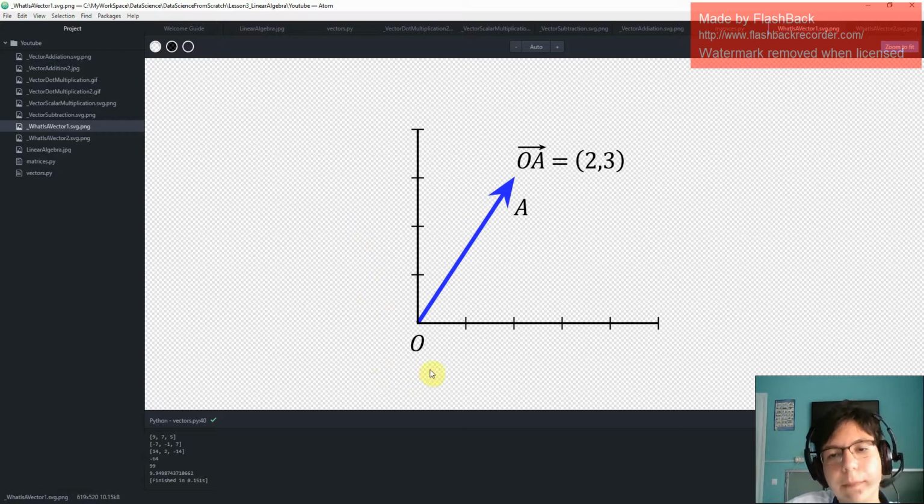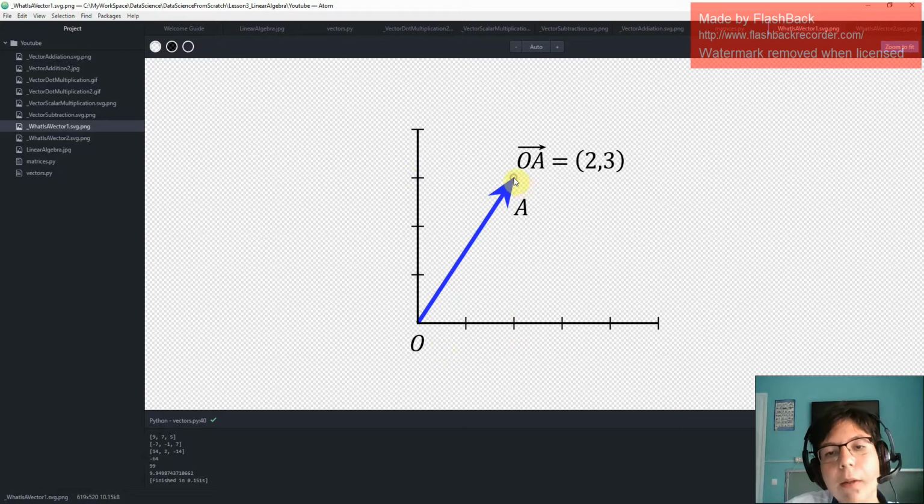So if we imagine that we have a triangle here, then the length of this side of the triangle would be equal to the length of this portion of the axis, and the length of the second side would be this one.